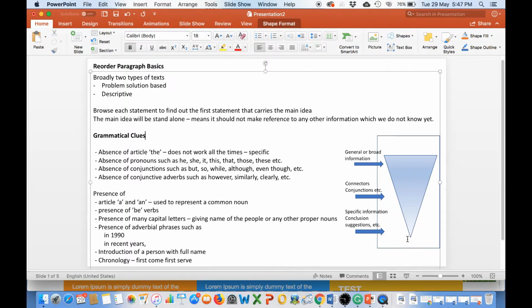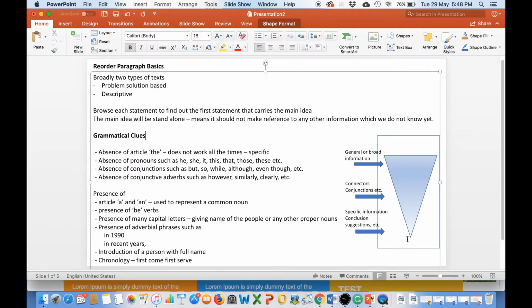But please bear in mind, just one thing is not going to work in reorder paragraphs, because these statements have been pulled out from already written articles, and their order is always fixed. But with the help of connections and connectors, we can put them in order. One thing is not going to work all the time. So keep in mind that whenever you see the article the, that particular statement may not go at number 1, but it doesn't apply all the time.